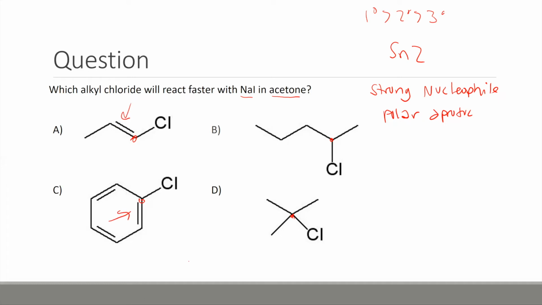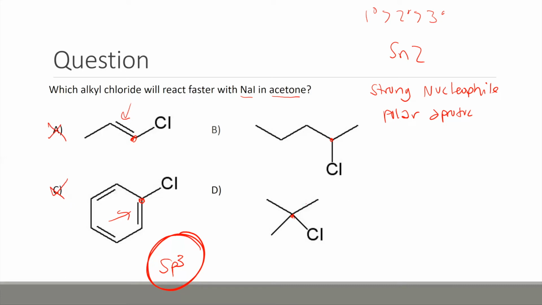And one thing we talked about is that in general, our electrophile for an SN2 or an SN1 reaction has to be sp3 hybridized. That means no double bonds on the carbon that is our electrophile. So these A and C cannot be our alkyl chloride.